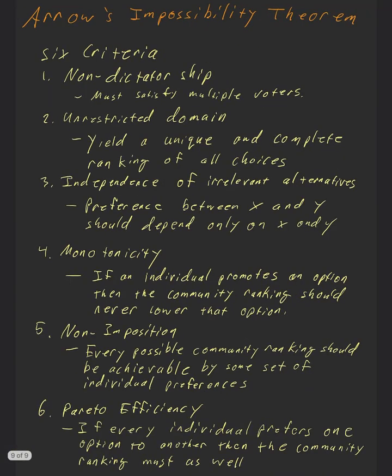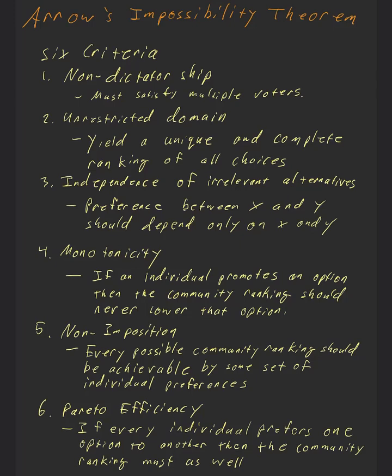To cover that, we get into Arrow's 6 criteria. Now, this is very complex, and so I just want you to get a general idea for what is happening here, and we're not going to delve too much into the particulars. First is simple non-dictatorship. For a system to even be under consideration, it must be able to satisfy multiple voters. Otherwise, it's not even a voting system. It's just a monarchy, right?